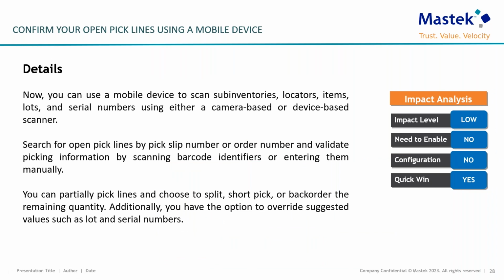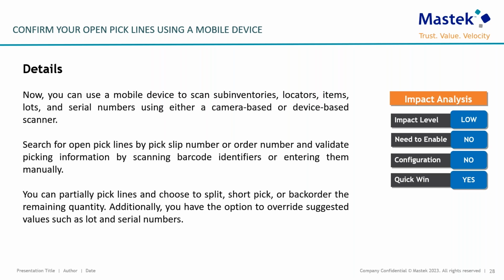Now moving to the next one. Now the next two features. This feature is to confirm open pick lines by using our mobile devices. Confirming the open lines to a pick is a very critical step in the fulfillment process, because without confirming the pick, we cannot ship the goods.